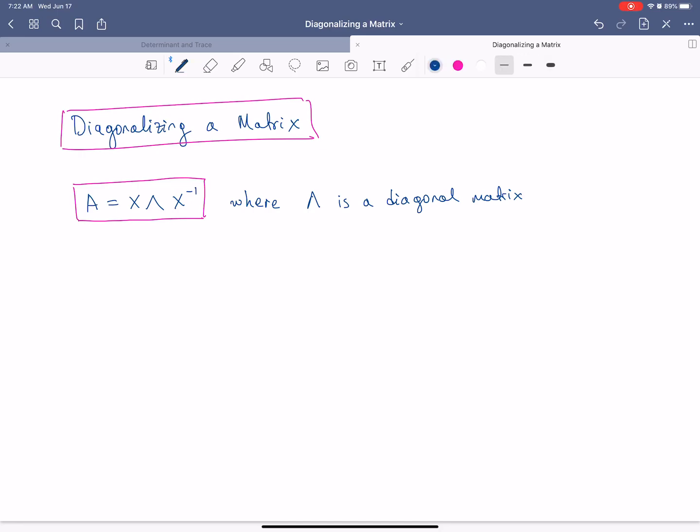the reason we call A diagonalized, if we can write it in this form, is because I can multiply. So this is like how to modify A to get to a diagonal matrix. So via this matrix X, I can change somehow the matrix. Remember that matrices always represent some kind of transformation.